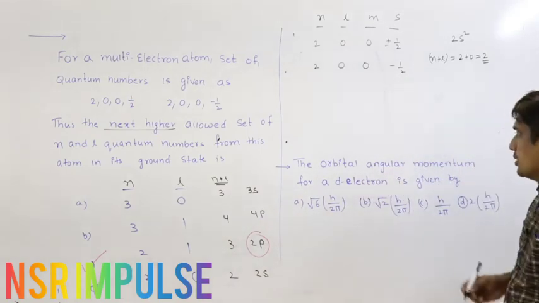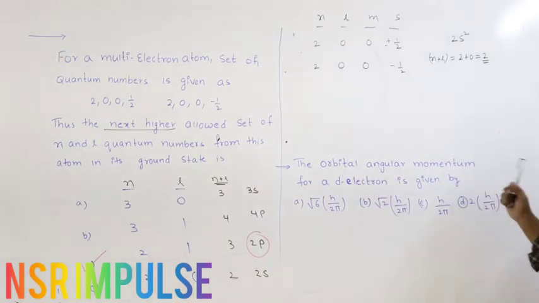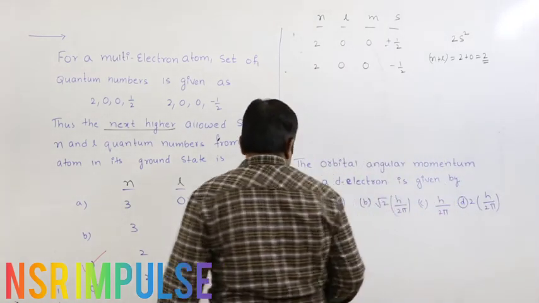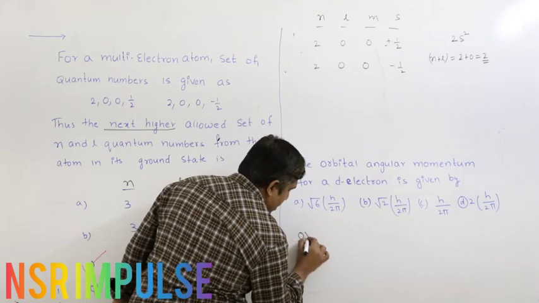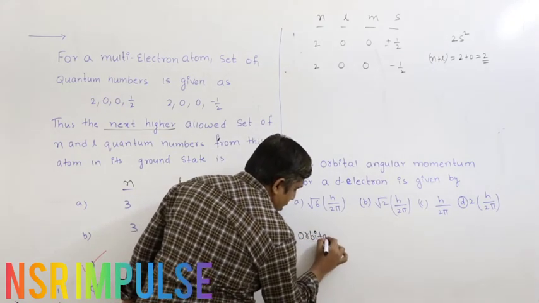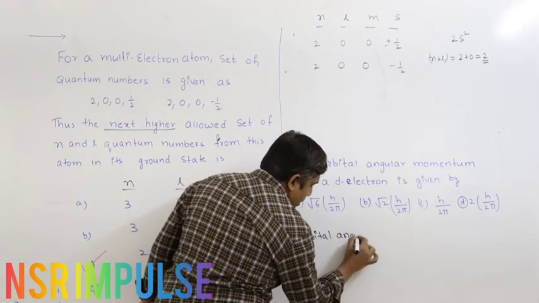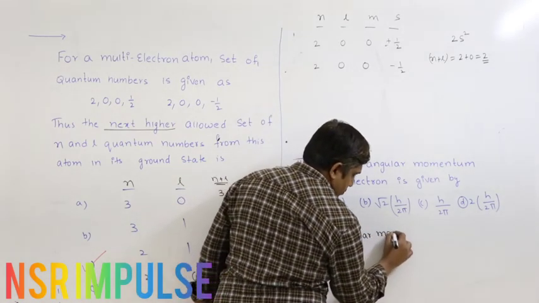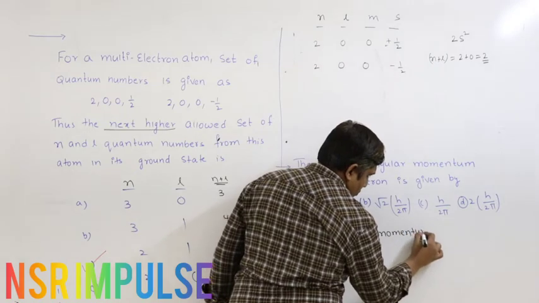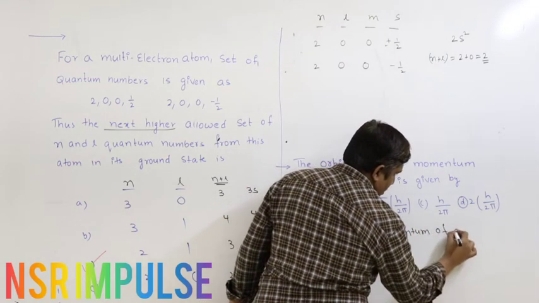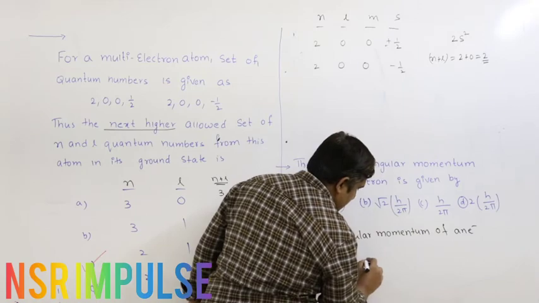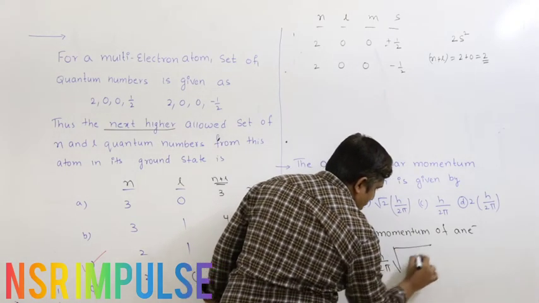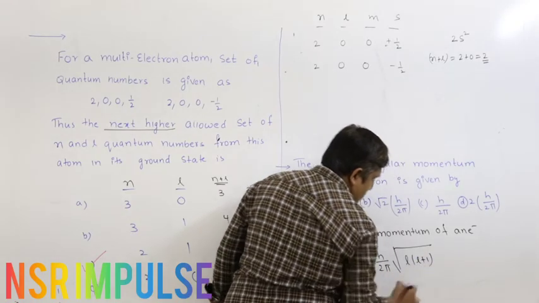Now coming to the next one: the orbital angular momentum for a d electron is given by. We have already studied how to find orbital angular momentum. The orbital angular momentum of an electron is equal to h by 2 pi times the square root of l into l plus 1.